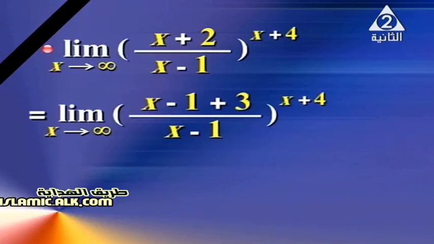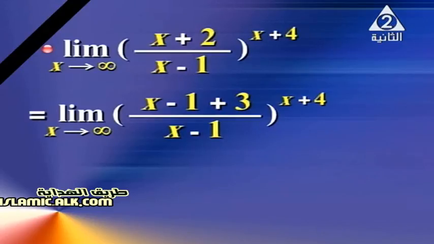The second solution: the limit as x tends to infinity of ((x + 2)/(x - 1))^(x + 4). In the numerator x + 2 and denominator x - 1, we can write 2 as -1 + 3, because -1 + 3 equals 2.